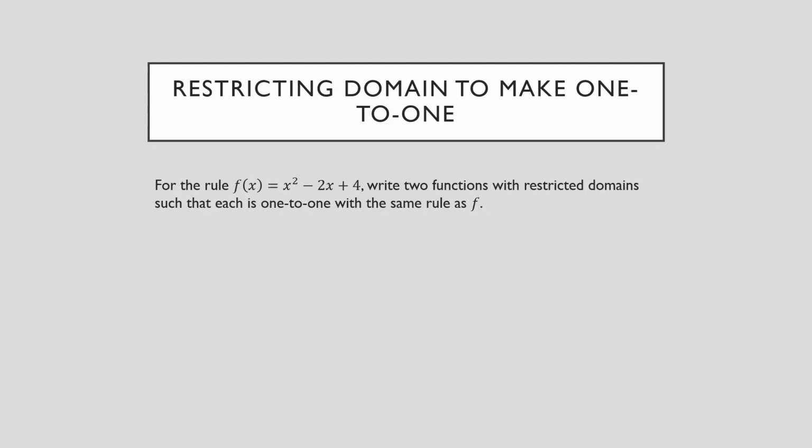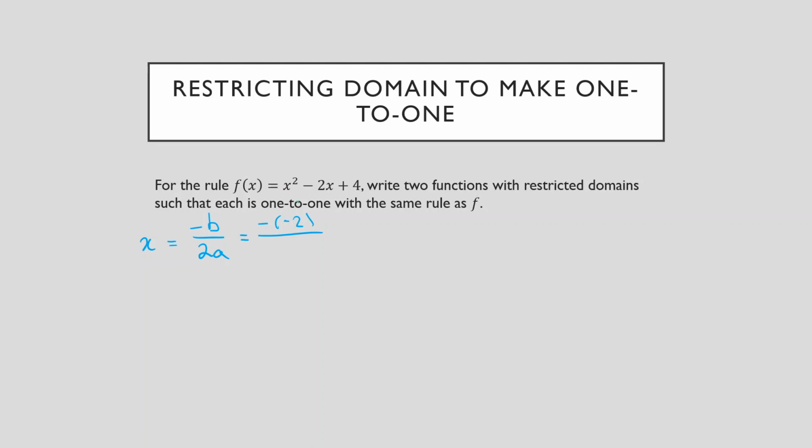You might remember for parabolas that are written in this standard general notation, we can work out the x coordinate of the turning point by using negative b over 2a. In this case, b is negative 2, so we'll have negative negative 2 over 2 times a.